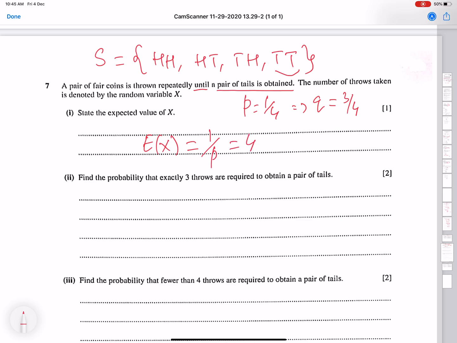Now part 2, find the probability that exactly 3 throws are needed to obtain a pair of tails. Now this is very simple. We can solve this through the property. The property is q to the power 3 minus 1. Therefore, q to the power 2. I think it will be 9 upon 16.